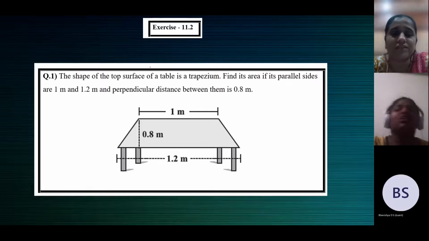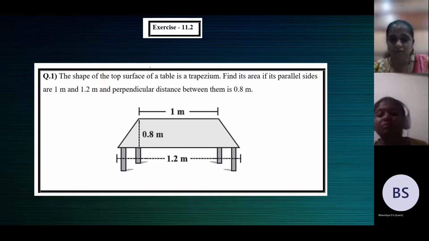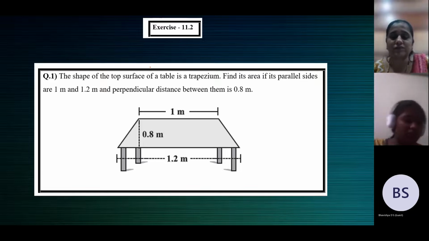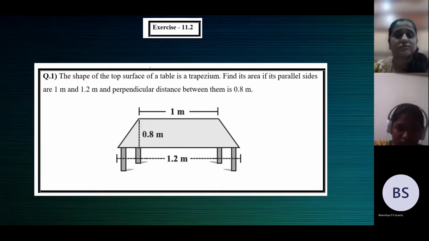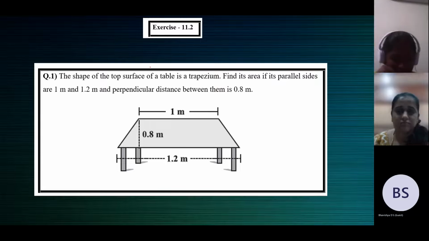What's the formula to find the area of a trapezium? Children, what's the formula to find the area of a trapezium? Ma'am, 1/2. Yes.